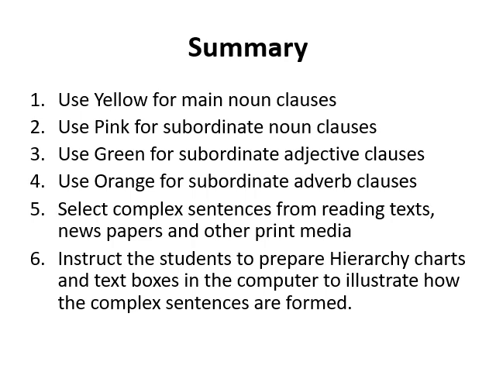Instruct the students to prepare hierarchy charts and text boxes in the computer to illustrate how the complex sentences are formed. So now, before I wind up this lecture, I would try to explain in Sinhala language, the mother language, the problems involved in complex English syntax.